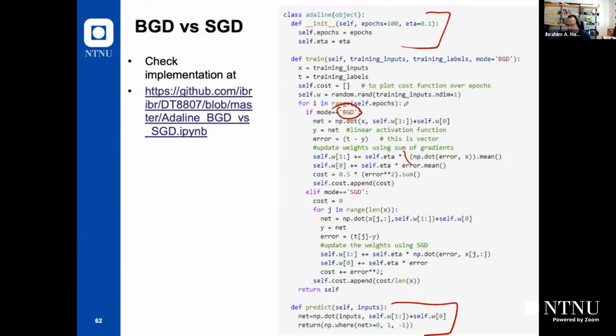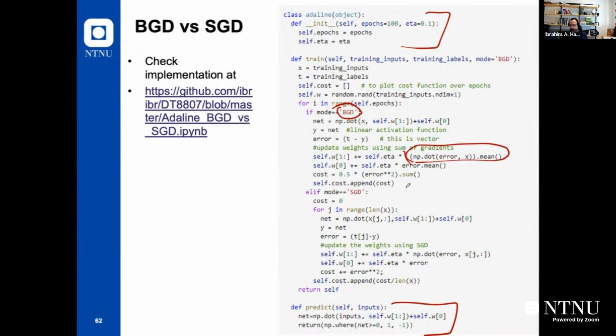Y equals net, because it's a linear activation function. Calculate the error, which is t minus y for the whole dataset. After that, you multiply this error by x and take the mean value. So now this will be only one value. You use this value for adjusting your weights by multiplying it by eta. You do it for omega, you do it for p.